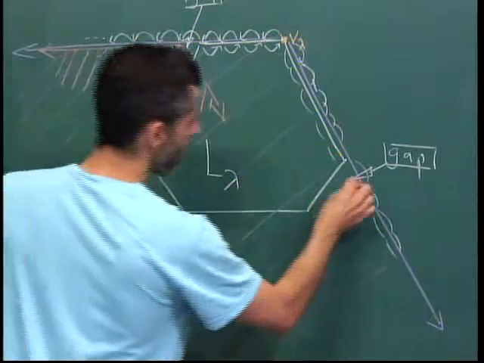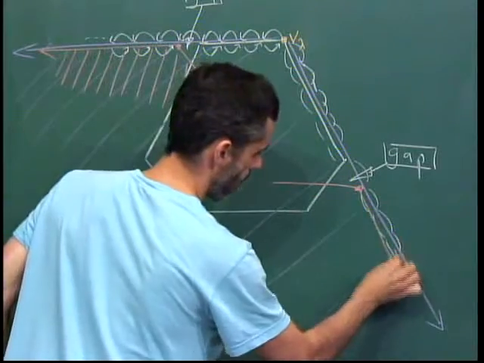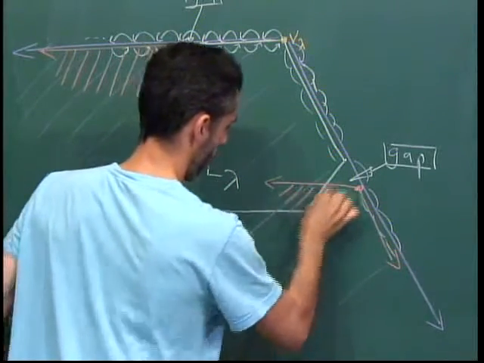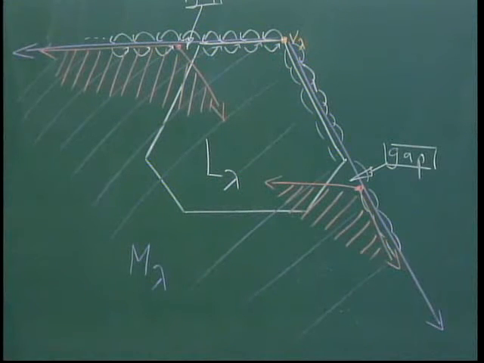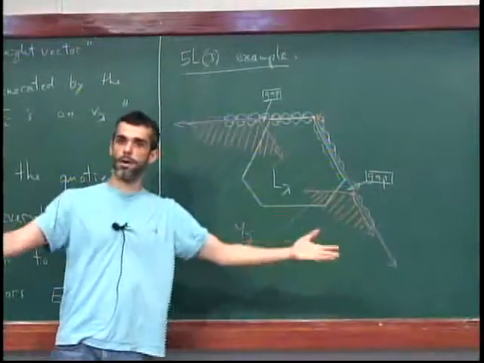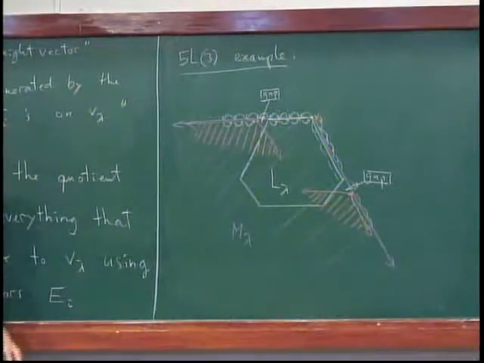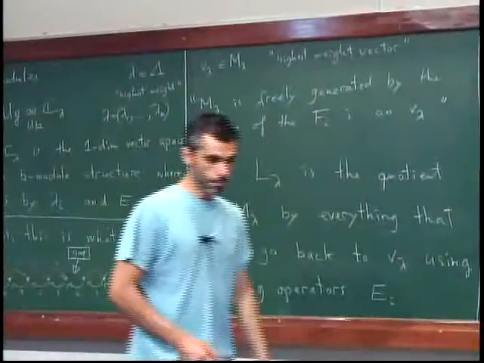And there's another one here. And actually, it's enough to mod out by everything that's generated by this and that. And then you've modded out everything that needed to be modded out by, and you have the finite dimensional L lambda.